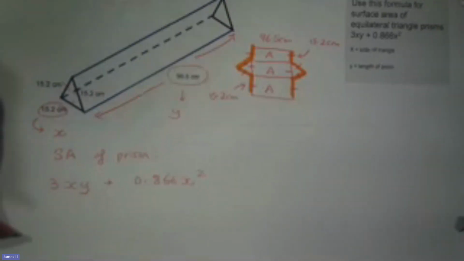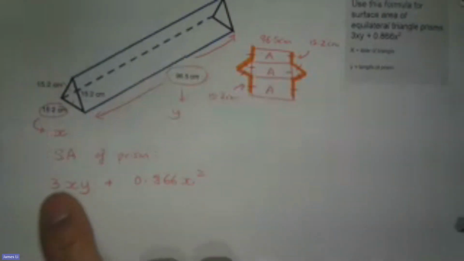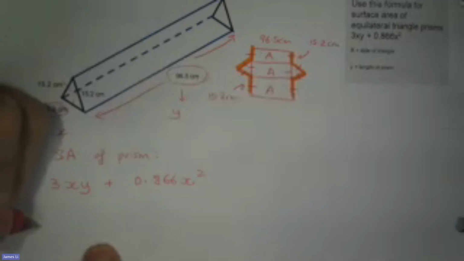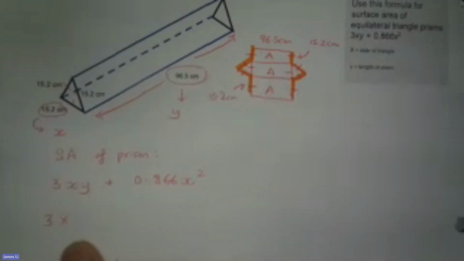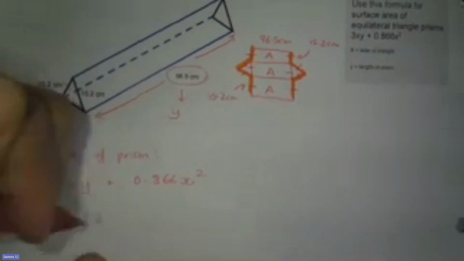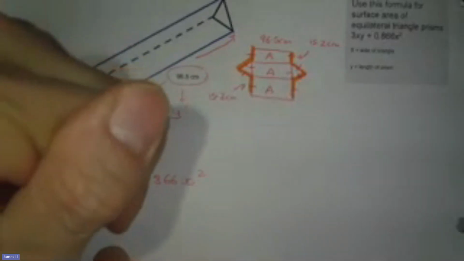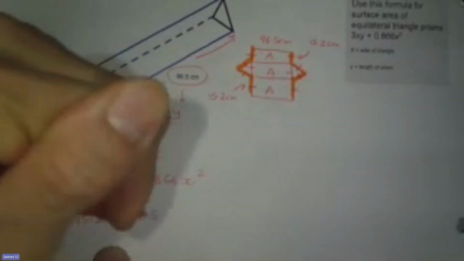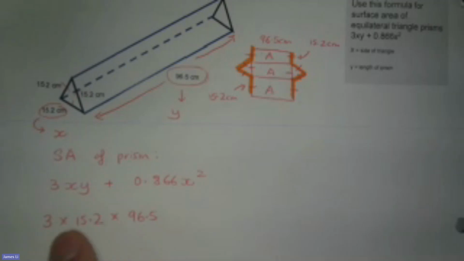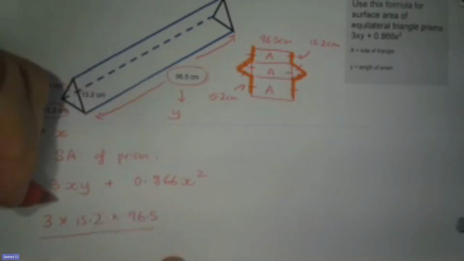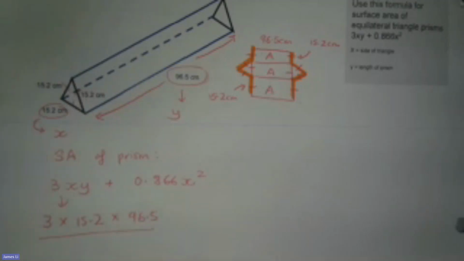Okay, so let us start now. 3xy is 3 multiplied by x multiplied by y. So 3 multiplied by 15.2, multiplied by y, which is 96.5. This part is your 3xy.